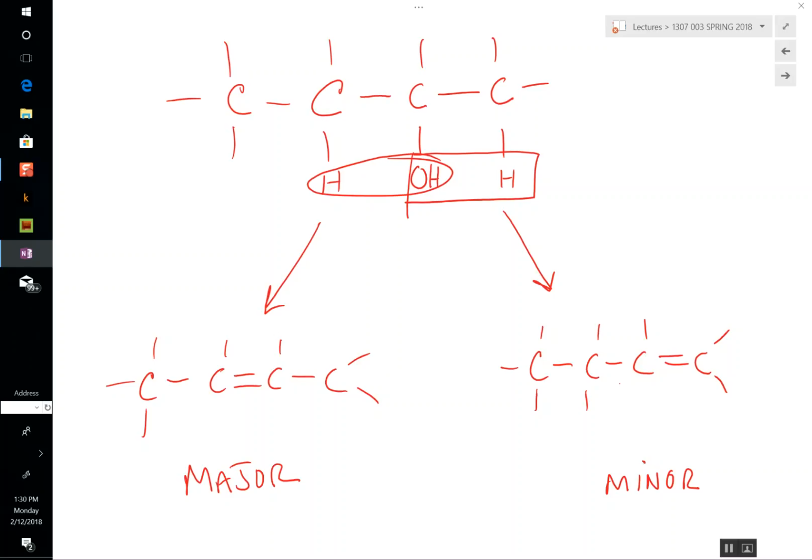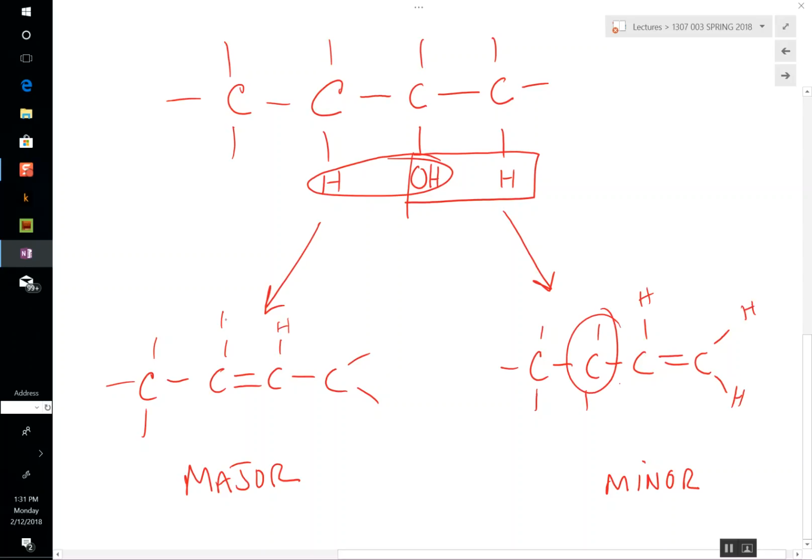So this carbon-carbon bond has 2 carbons directly attached to it. This carbon-carbon double bond has only 1. Don't count this out here. Just count the carbons that are directly attached to either one of these 2 carbons. And all we got around here are 3 hydrogens and 1 carbon.